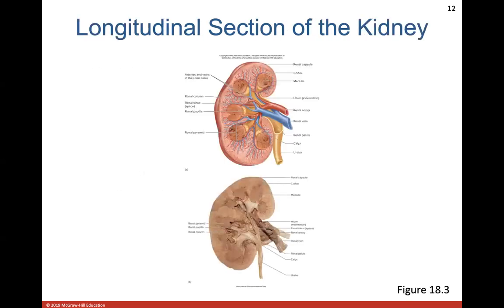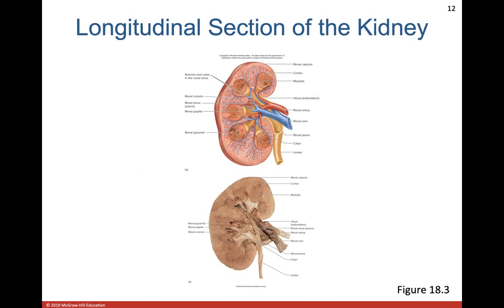So here we have a longitudinal section of the kidney, and if you zoom in, you can see the renal capsule, and then underneath the renal capsule is the lighter colored renal cortex layer. And then below that will be the darker colored renal medulla layer that contains these renal pyramids, which look kind of like pizza slices.